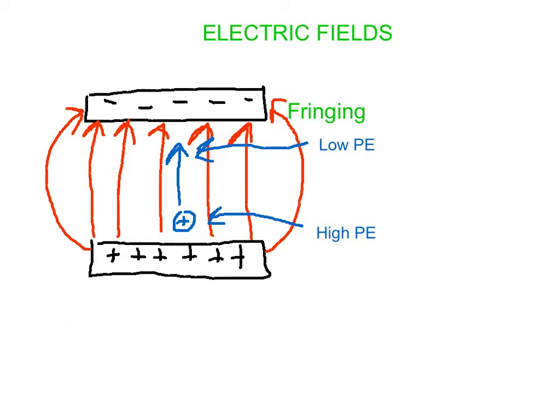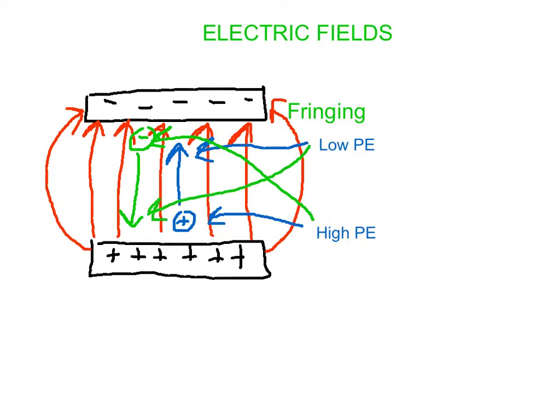Now you can create the same situation with a negative charge, except the negative doesn't want to be close to the other negative plate, so that is where you have high potential energy. And then as it shoots down, it loses energy. And so that's where it's got low potential energy.